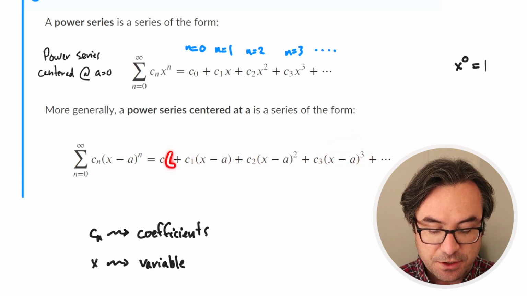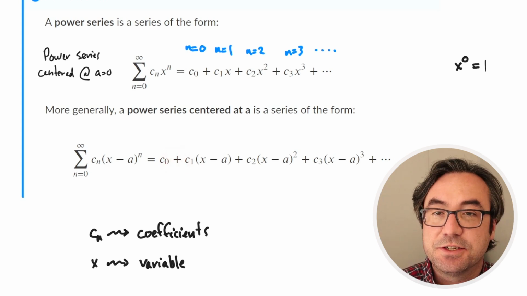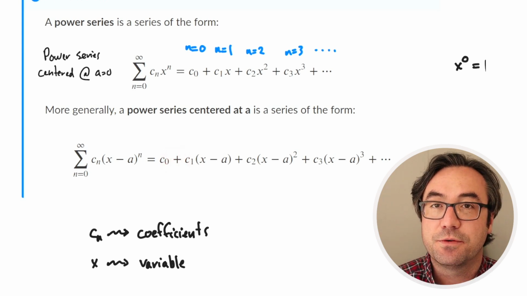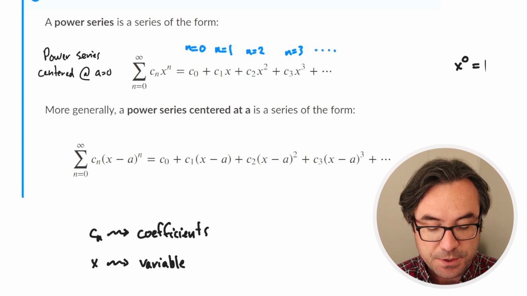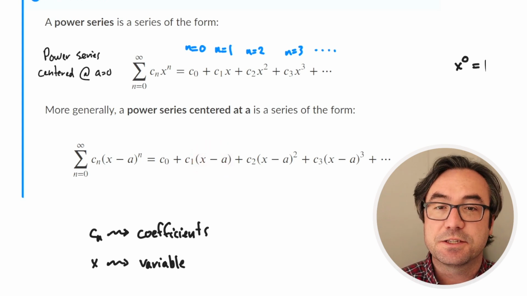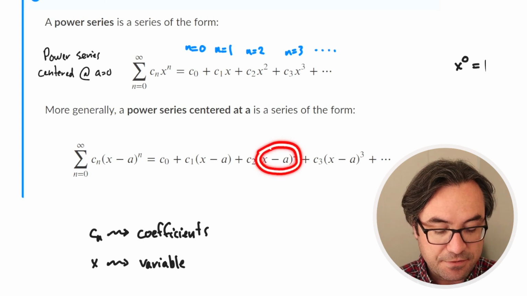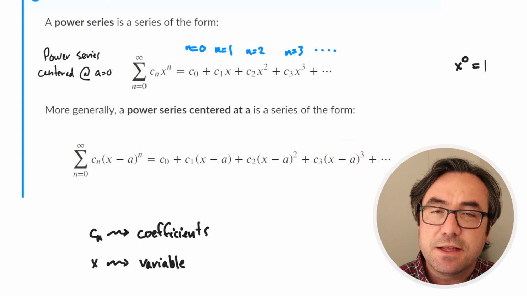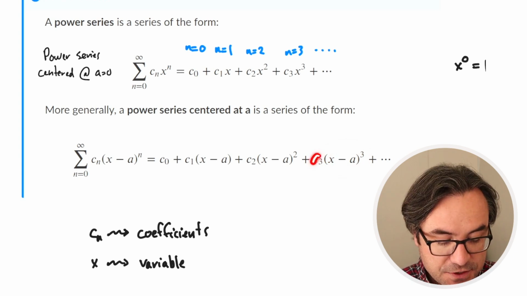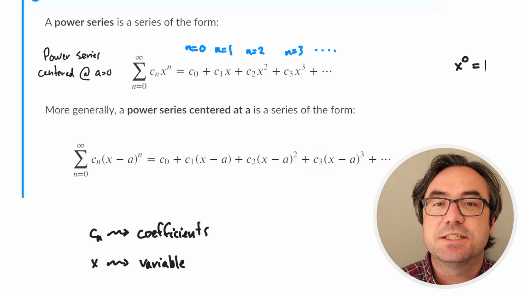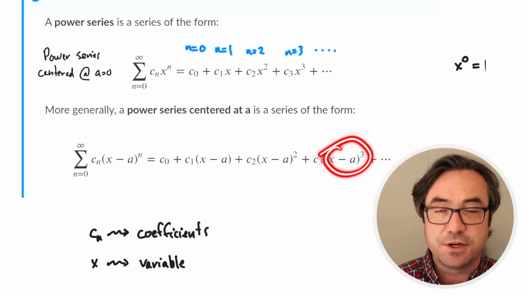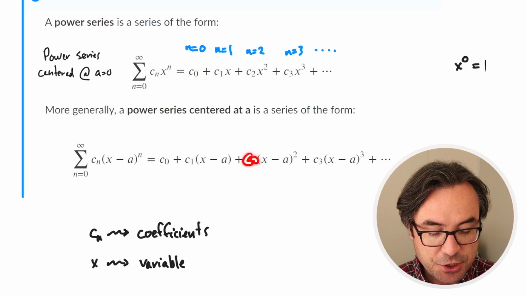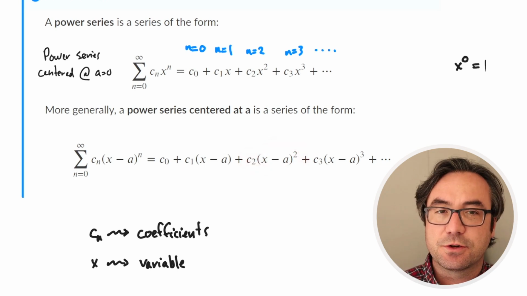So, we still have the constant term with exponent 0, we still have the linear term with exponent 1. We still have the squared term with exponent 2, and the cubed term, and so on. And you can still think of c sub 3 as the coefficient of the cubed term, c sub 2 as the coefficient of the squared term, and so on.